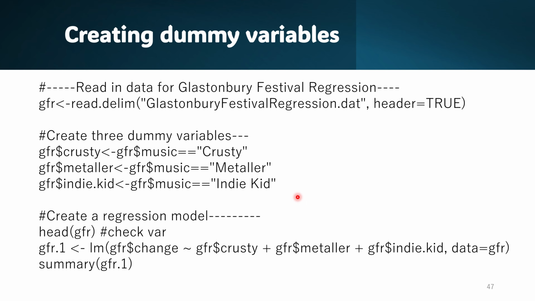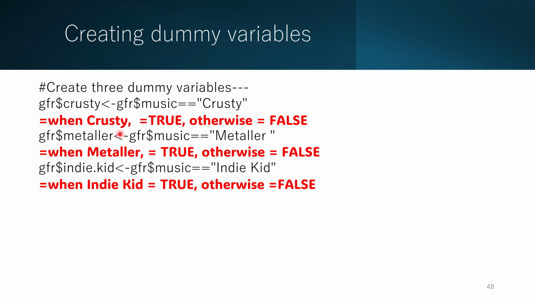Such dummy variables can be seen, and we can use them in your regression. When crusty equals true, otherwise false. Metal true, otherwise false. Indie kid true, otherwise false. We often use dummy variables.